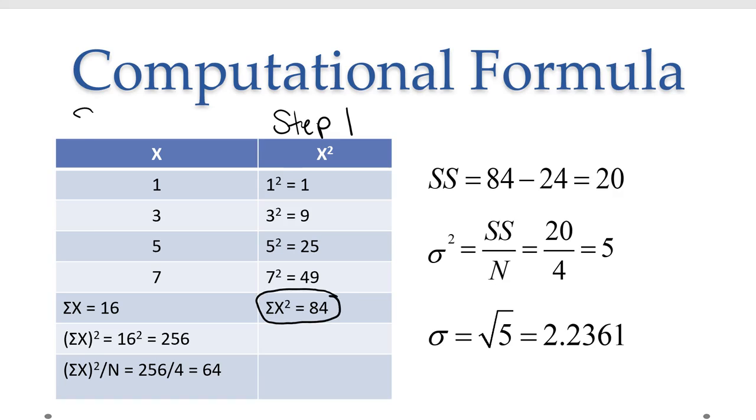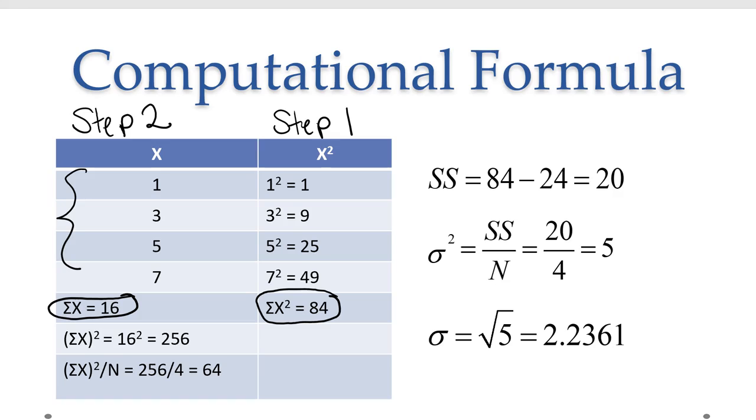Step 2, add up the scores, square the sum, and divide it by the number of scores. So 1 plus 3 plus 5 plus 7. Sigma x is equal to 16.